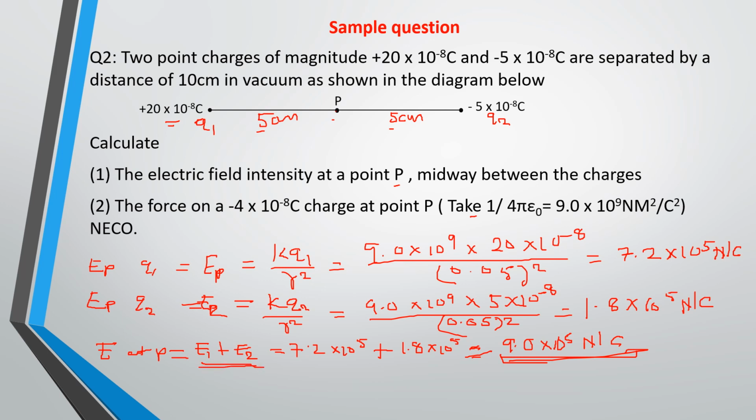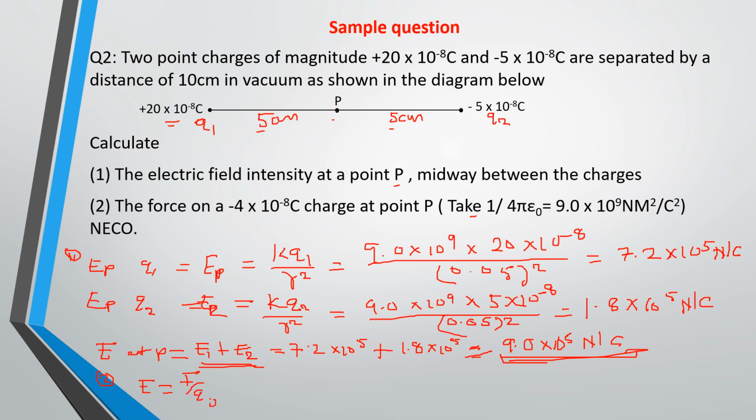Now, having gotten this, the second question is that you should find the force on a minus 4 times 10 to the power minus 8 coulomb charge at that point. Now we know that electric field intensity, that is in equation number 2. This is number 1. Okay, so we know that electric field intensity is equals to force over charge.